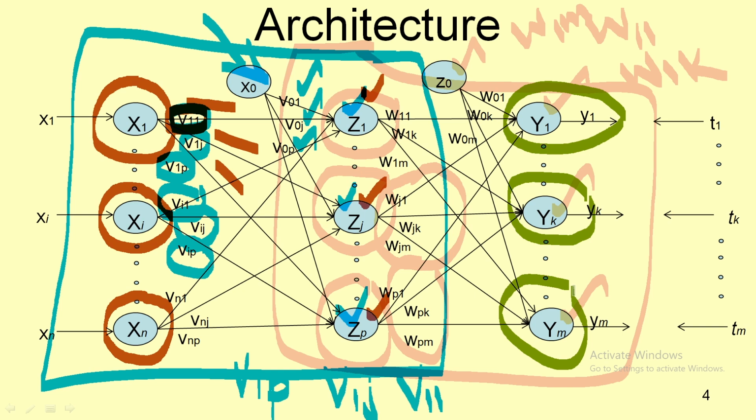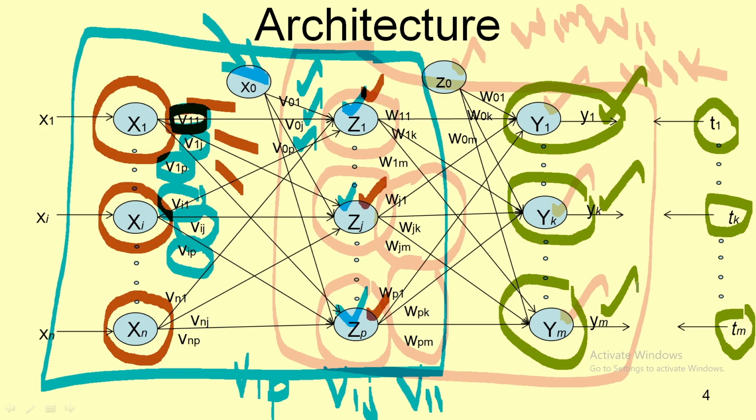For each output node, you have the corresponding target T1, Tk, Tm, right? So the output produced by the output nodes y1, yk and ym has to be compared with the corresponding target values T1, Tk and Tm. And the difference between the actual output y1 and the target T1 is treated as the error E.